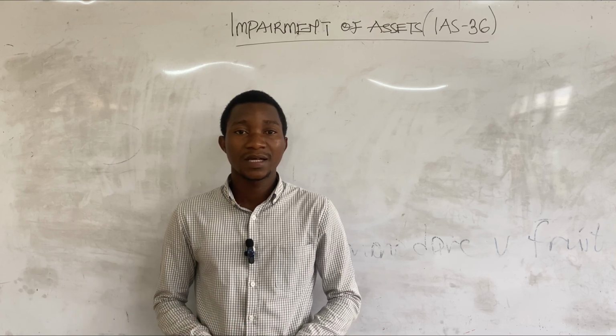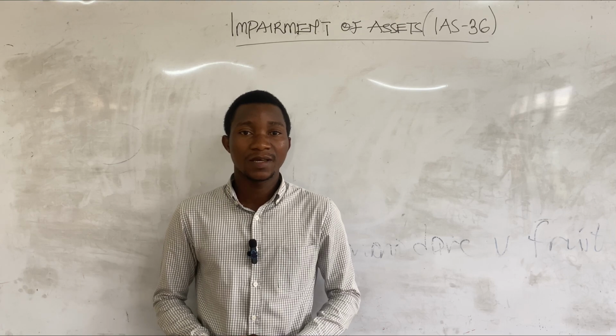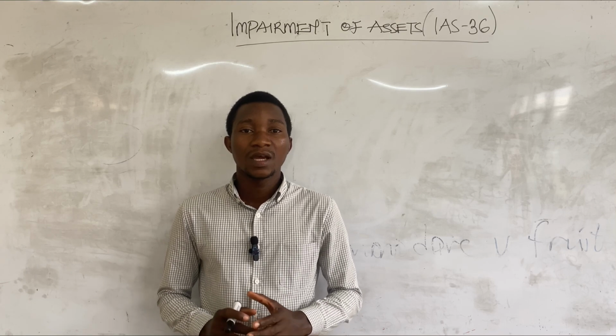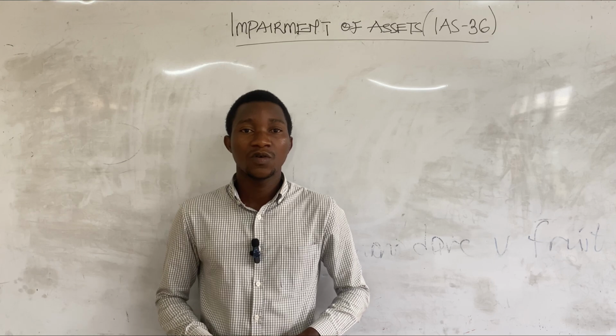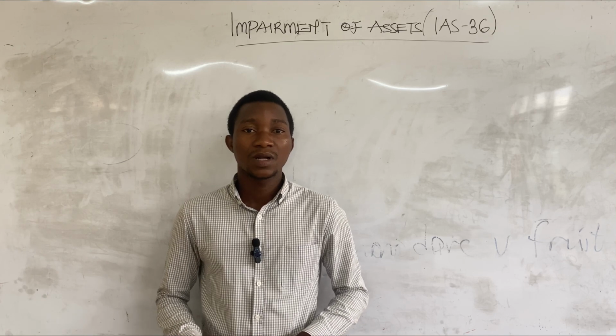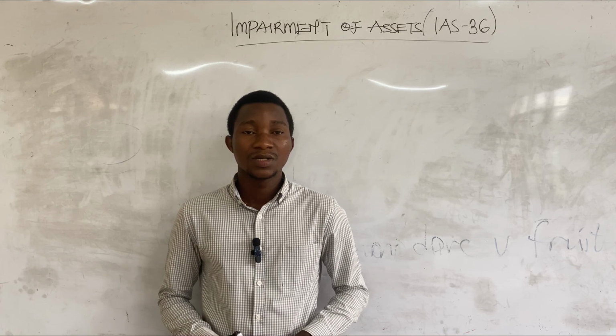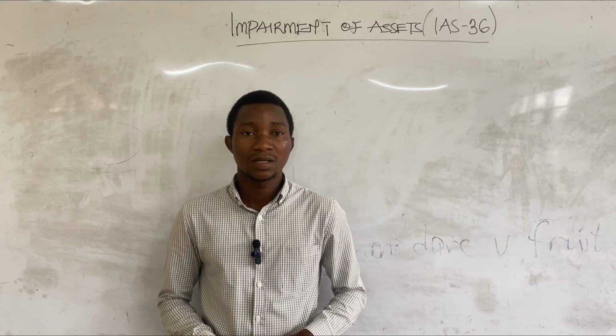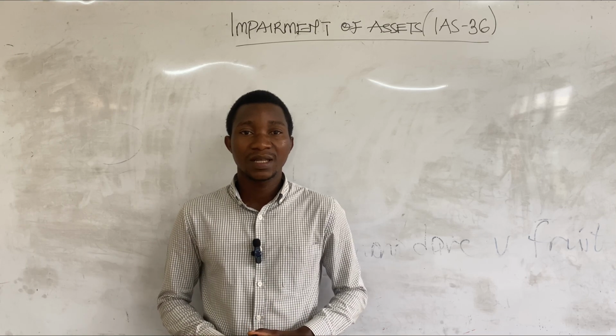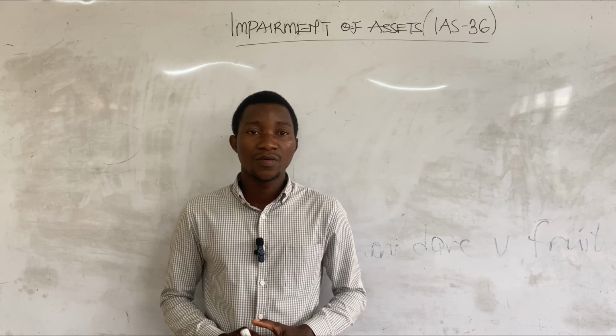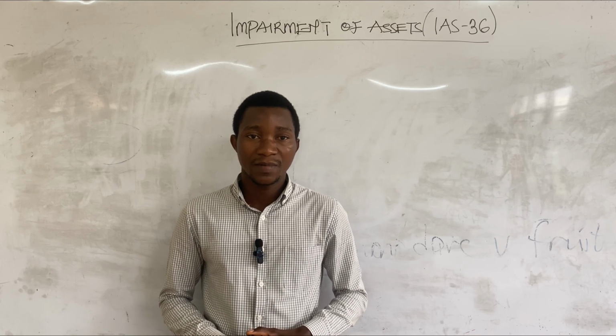Today we are continuing our series on IAS 36, Impairment of Assets. In this video, I want us to take a full practice question on how to allocate impairment losses to a cash generating unit. But remember that in our previous video, we learned about how to test for impairment.